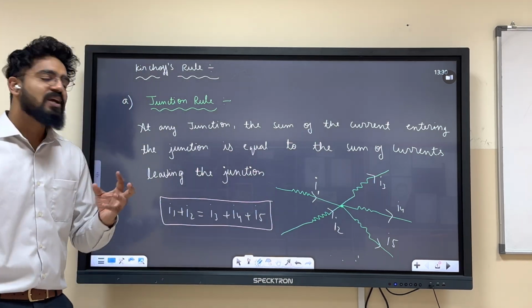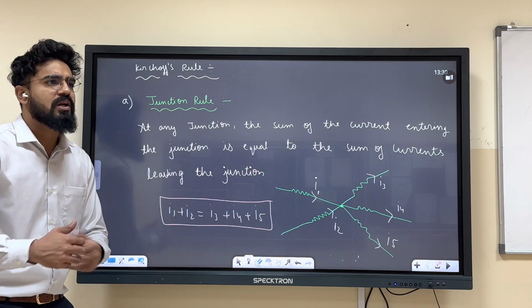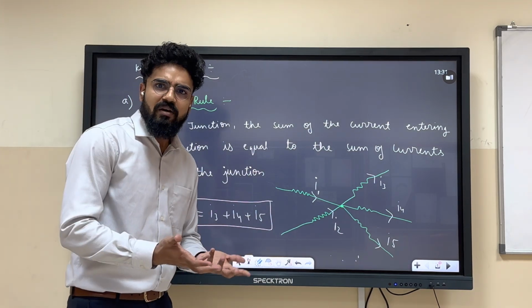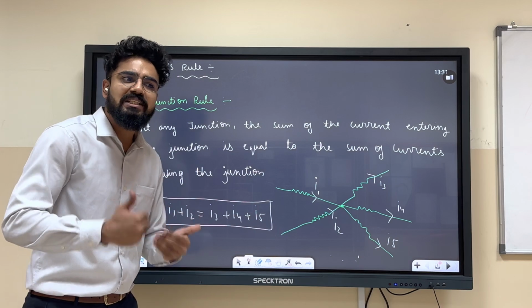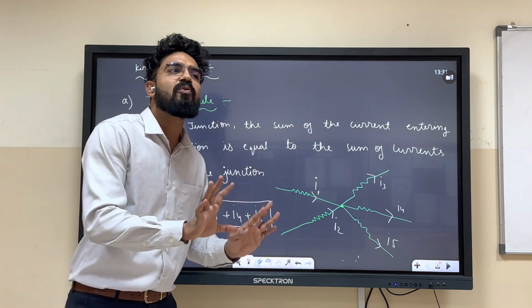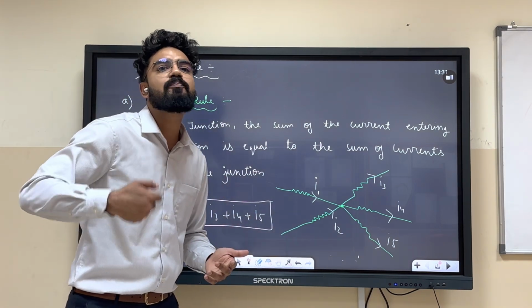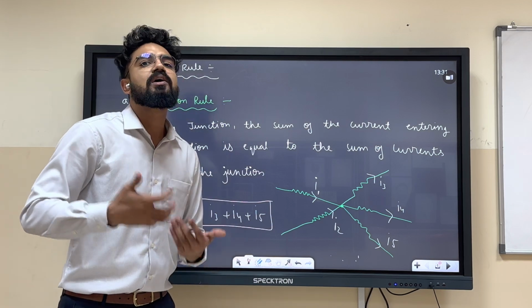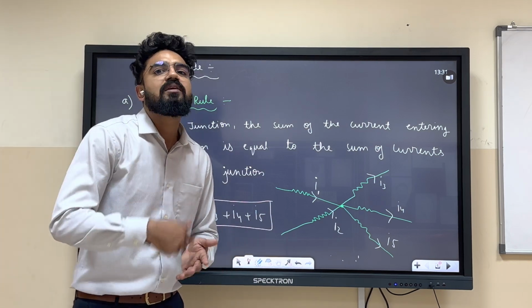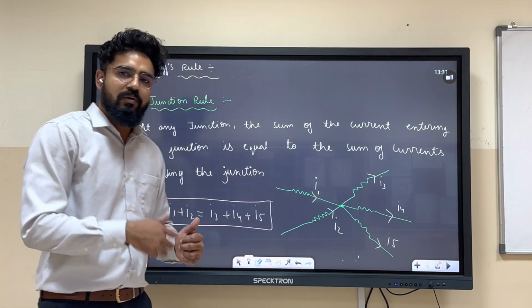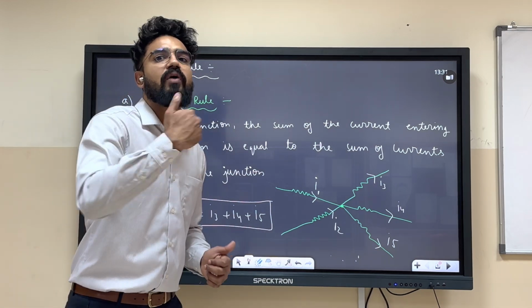So it is the same thing as the equation of continuity. Whatever mass per second was coming, the same mass per second was going out. Same thing as when we play with water: whatever is coming from the tap, from the pipe, it should move away, correct?